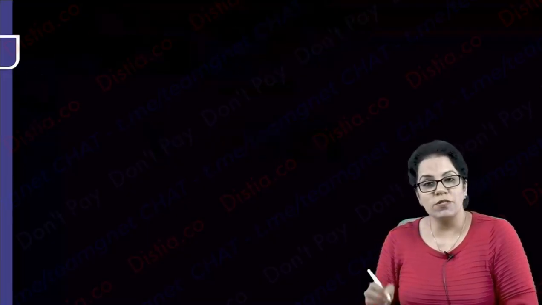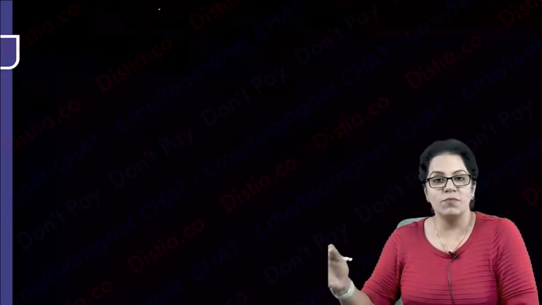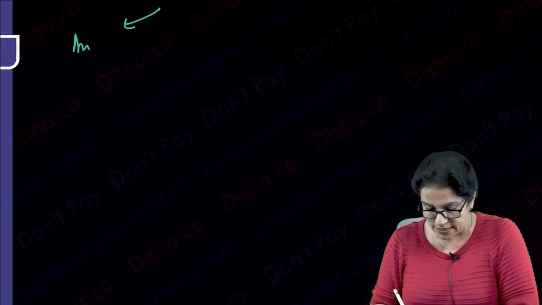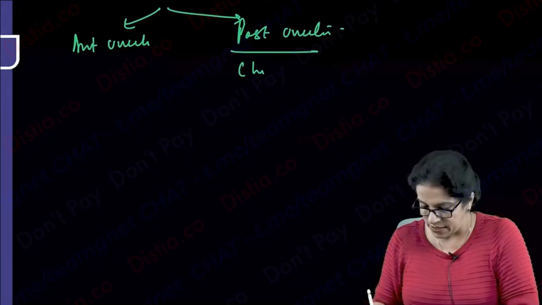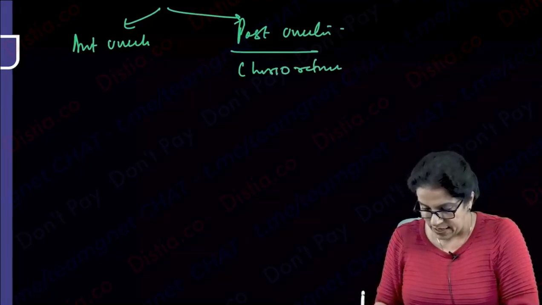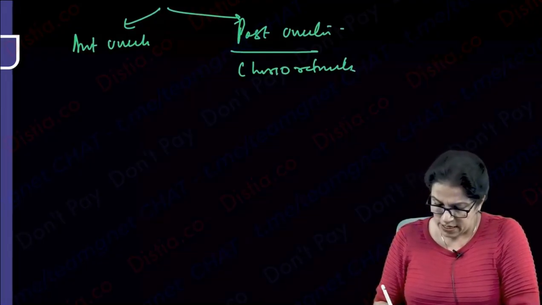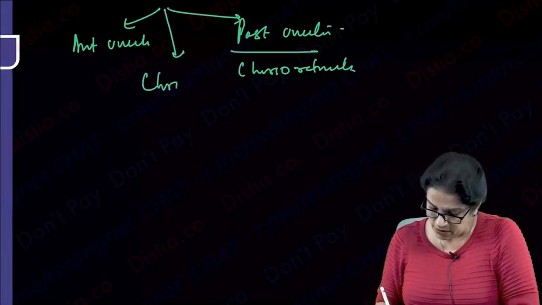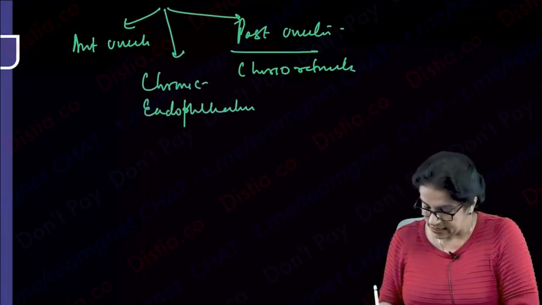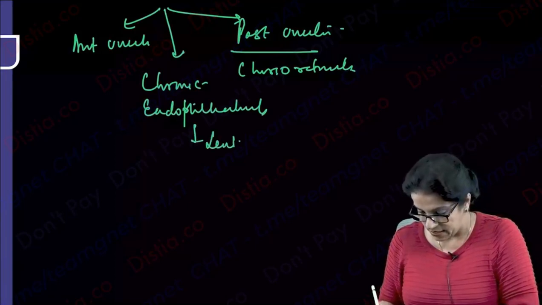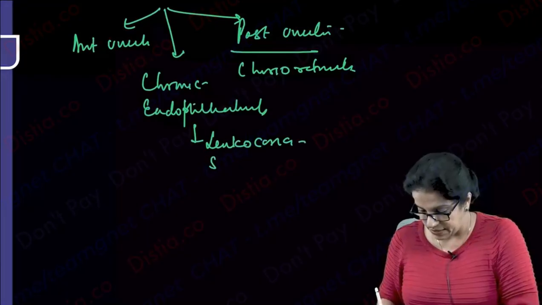This causes both anterior uveitis and posterior uveitis, that is chorioretinitis. Mainly chorioretinitis. And very important, it causes chronic endophthalmitis, and because of this the child presents with leukocoria and strabismus.